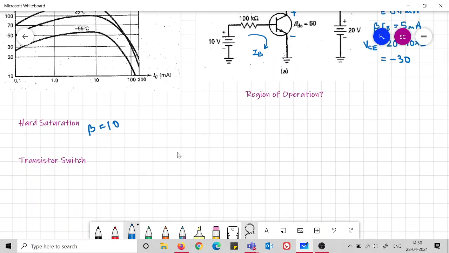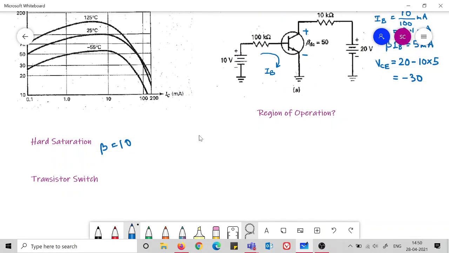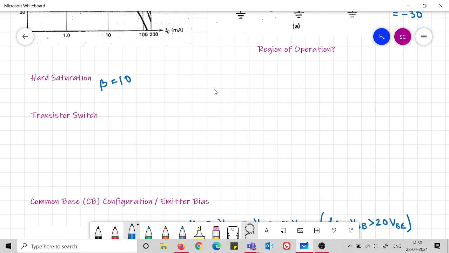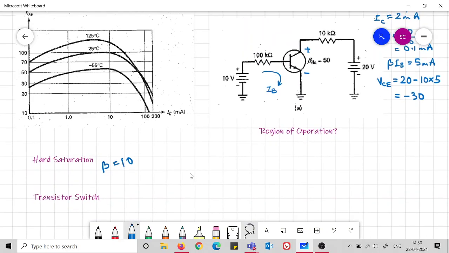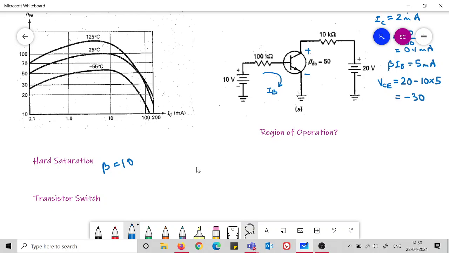So with these concepts, we finish up the common emitter configuration. There was a lot we discussed in common emitter configuration. Next day, Friday, we will move to the common base configuration. So you go through this common emitter configuration and whatever we discussed during the last 2 classes.